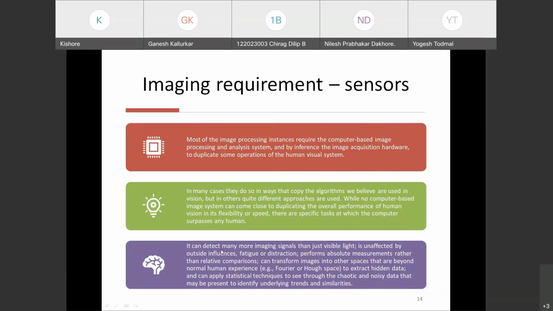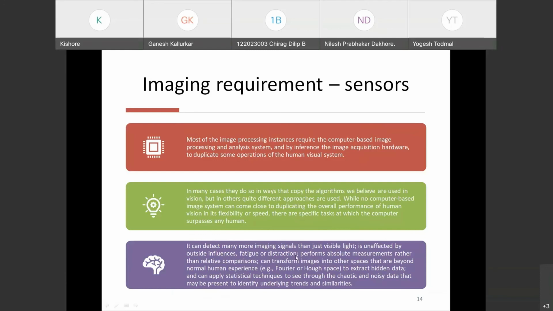So it can detect many more imaging signals than just visible light. This is one of the pros, that our eyes are limited to a certain spectrum, but we can introduce various sensors which can take into account the entire electromagnetic spectrum. Okay, and it is unaffected by outside influences, fatigue, distraction.